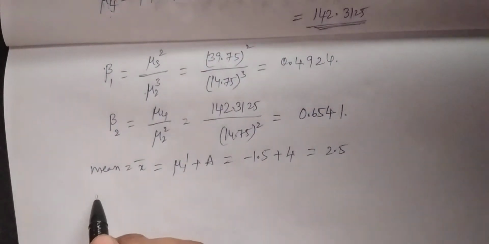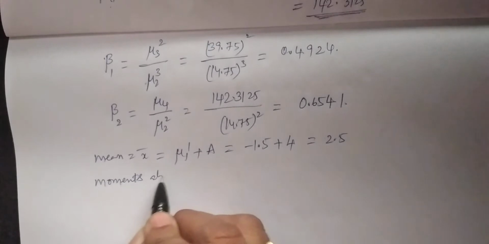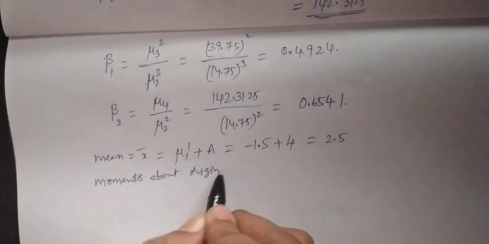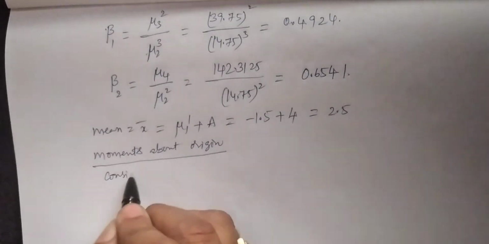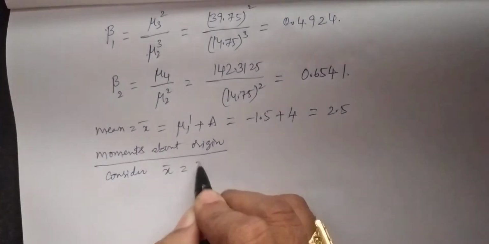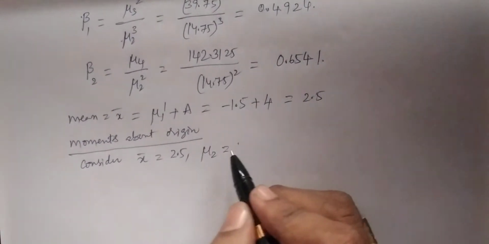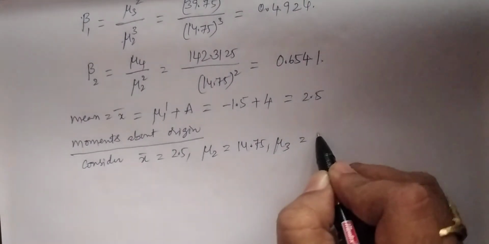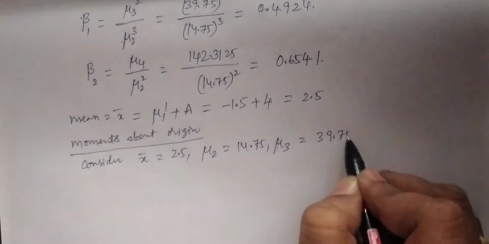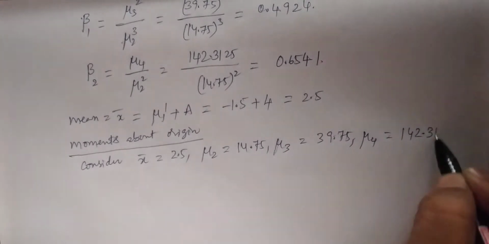So I am writing here, to calculate moments about origin, I am considering x bar equal to 2.5 and mu2 equal to 14.75, mu3 equal to 39.75, and mu4, which you have calculated, is 142.3125.